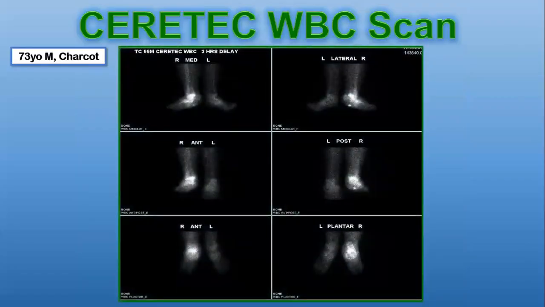So this is an example of this patient's Ceretec scan, the white blood cell labeled Ceretec scan, or an indium scan, also known as. So just to show you the phases of that Ceretec scan.